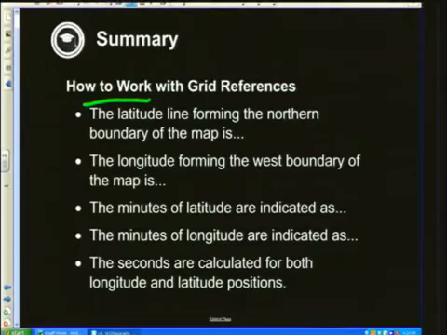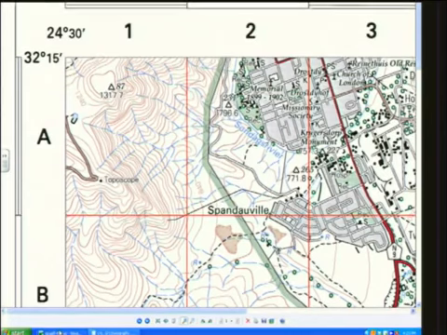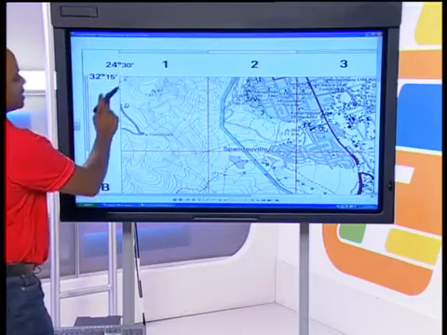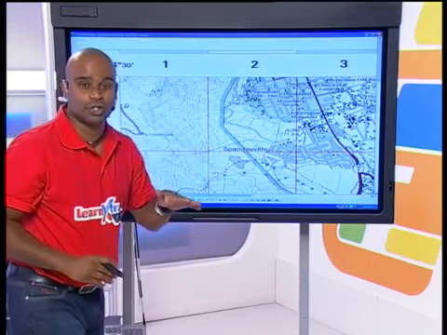How to work with grid references. The latitude line forming the northern boundary of the map is... Let's have a look at the map of Graaff-Reinet. Note the following on this map. In this map, you will be able to understand the following. 32 degrees and 15 minutes is the northernmost degree of latitude.